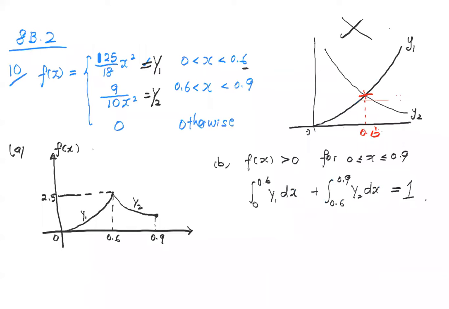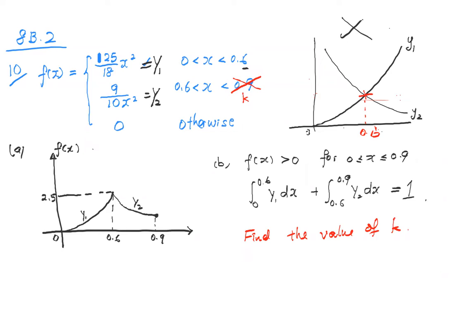Okay, now look, in the exam, what I can do is I can even put an unknown here. I put this as K. Then I ask you to find the value of K, so that this is a valid probability density function.